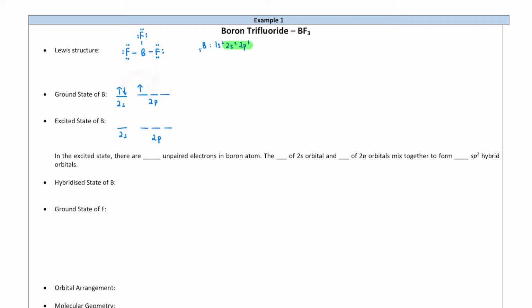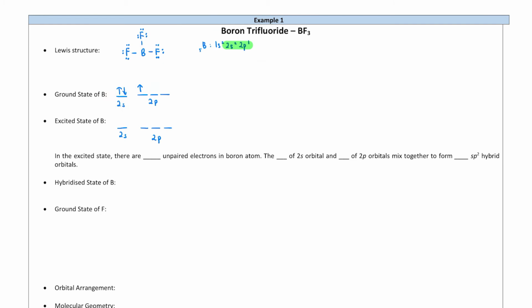Alright. Ataupun another reason yang mengukuhkan lagi kenapa kita kena excite adalah, kan saya ada cakap before this, kalau kamu jumpa a pair of electron like this, that means ada lone pair dekat sini. Tapi kalau kita tengok dalam Lewis structure dekat boron, boron mana ada lone pair. So itu menguatkan lagi hujah lah kenapa kita kena excite the electron.